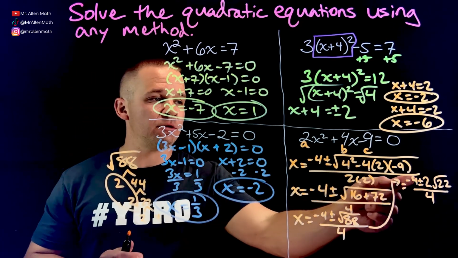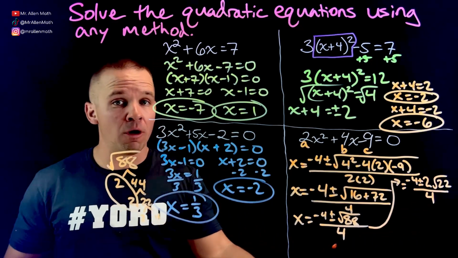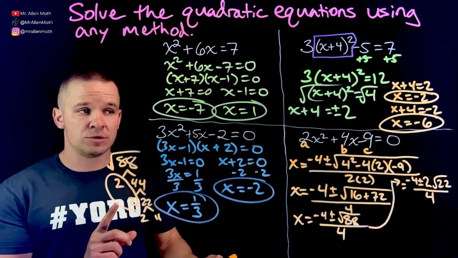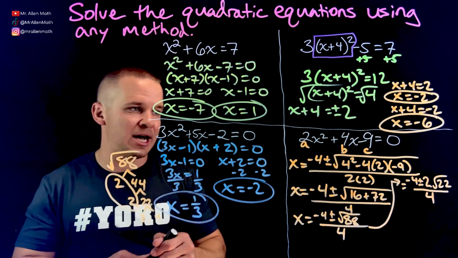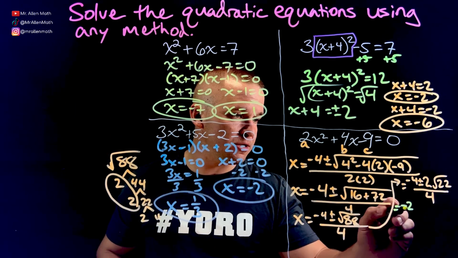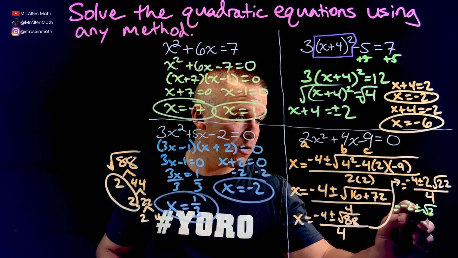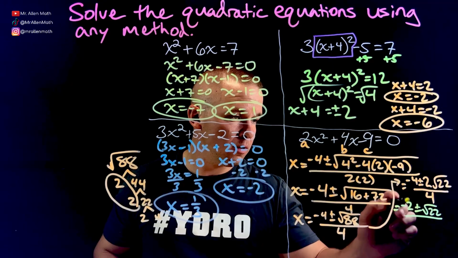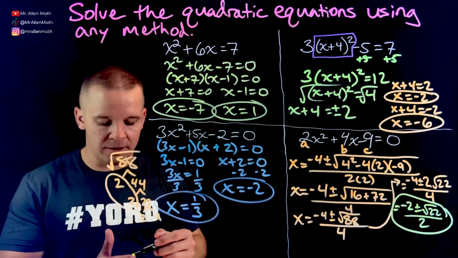Everything outside of the radical, the -4, the 2, and the 4, are all divisible by 2. So we're going to do that. Final answer here. I'm going to throw it in a different color so it stands out a little more. We've got -2, because I divided that by 2, plus or minus, divided by 2, that's just 1, so square root of 22 over 2. That is my final answer.